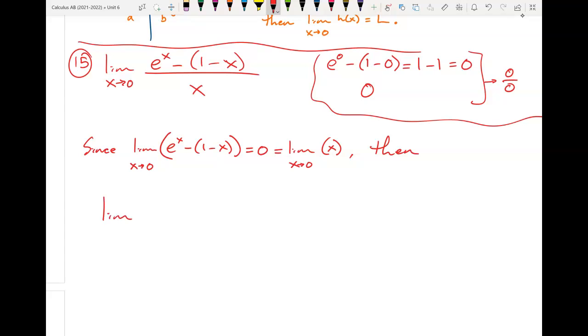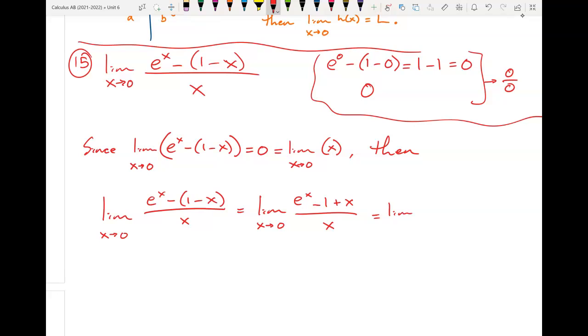So our original limit, of e to the x minus 1 minus x over x, I need to take the derivative. Where you might have gotten stuck is, first off, I have these parentheses here, but we can go ahead and distribute the parentheses. So let me just rewrite it: e to the x minus 1 plus x over x.